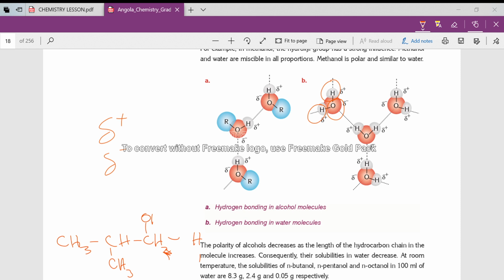What we see here is an attraction between the positive side and the negative side of the molecules. This attraction is what is called hydrogen bonding. Of course, it is much stronger in water than in alcohols, because in water the OH is bonded to one hydrogen atom, whereas in alcohol it is bonded to an alkyl group.